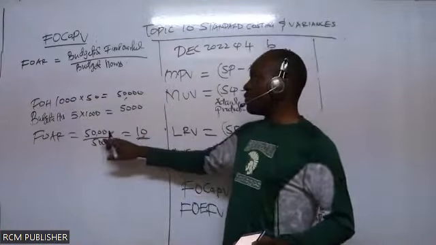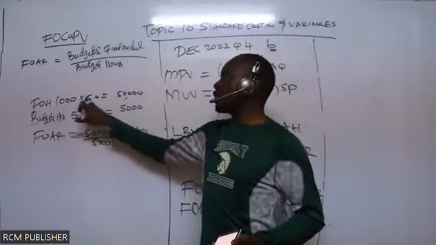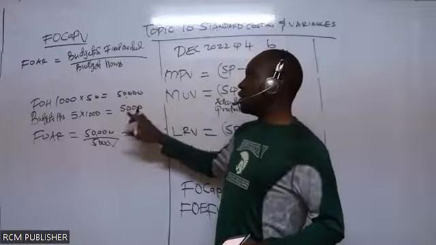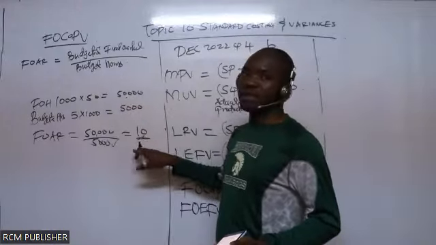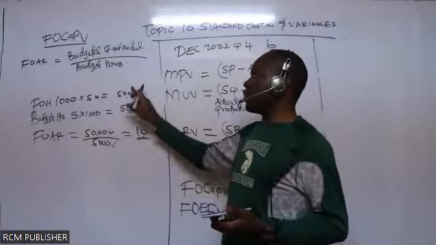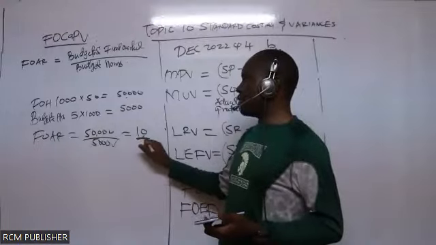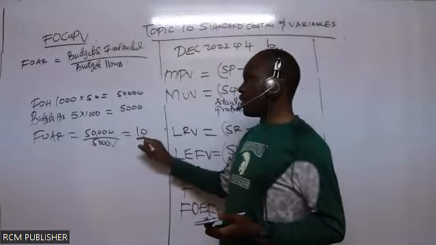So they are going to give you 5,000, and then you are going to be given things that help you calculate the 50,000. And then you have to arrive at this 10. In our question, for this sitting, you are not required to calculate. But even if you do it this way, you're still going to arrive at the same thing.